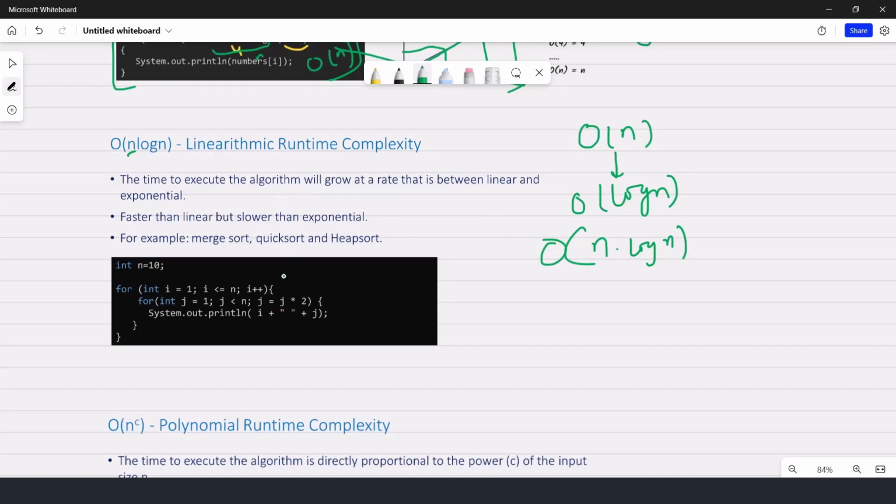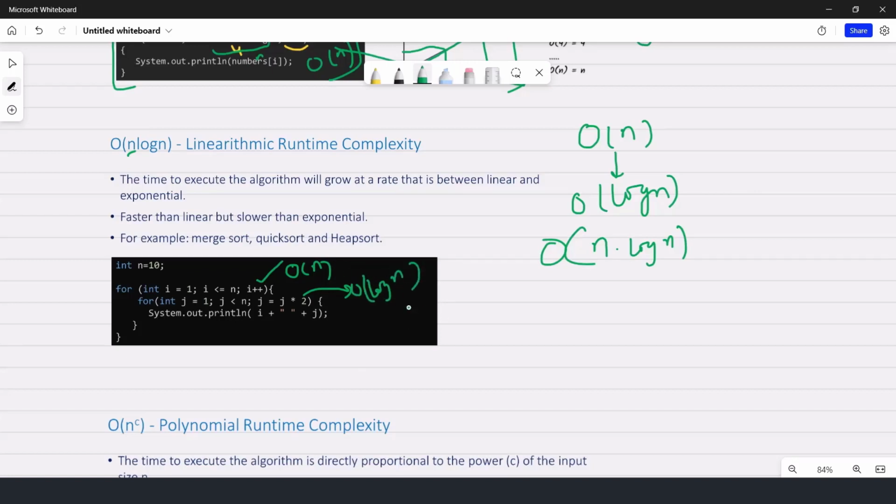So how? If you see the outer loop, that is O of n, and the inner loop, as the input is getting higher, is O of log n.